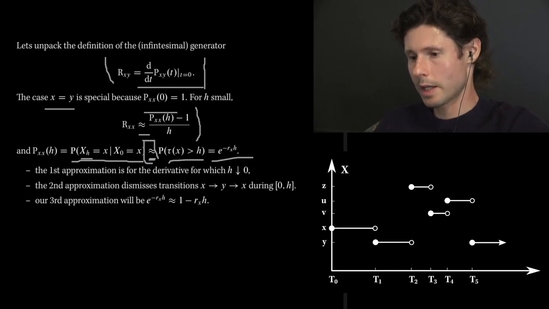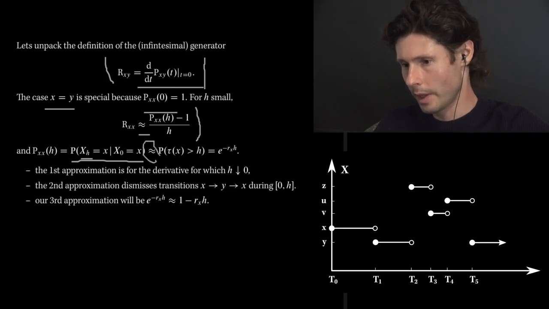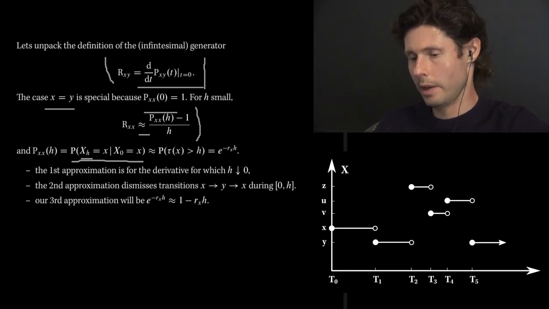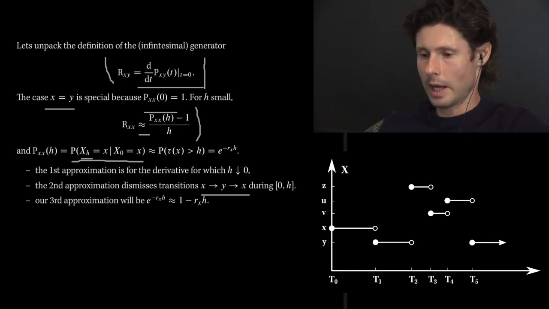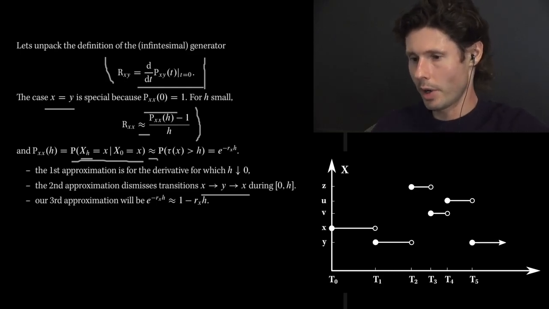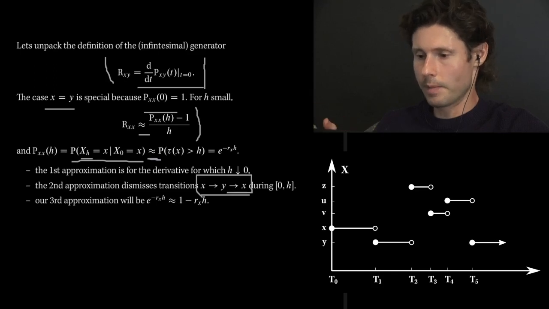So the next approximation was the one right here, and that's because what I wrote there is not the only way that the event of staying in state x in time little h could have happened. We could have had a transition to some state y, some intermediate state, and then switch back to x before h units of time. The reason that I'm ignoring all this, and the reason I'm putting an approximation sign here, is that these state changes, in a little interval of time, are much less likely.